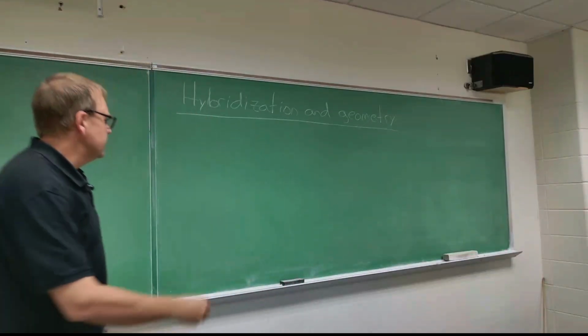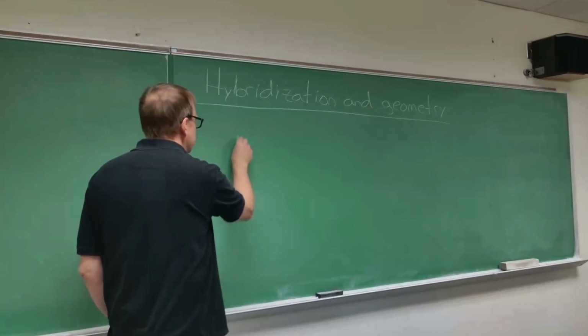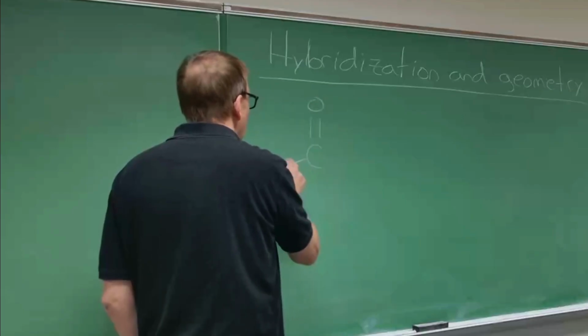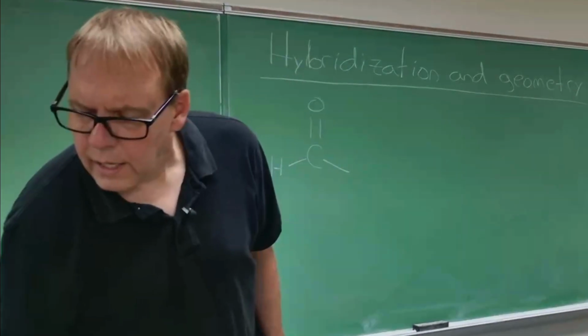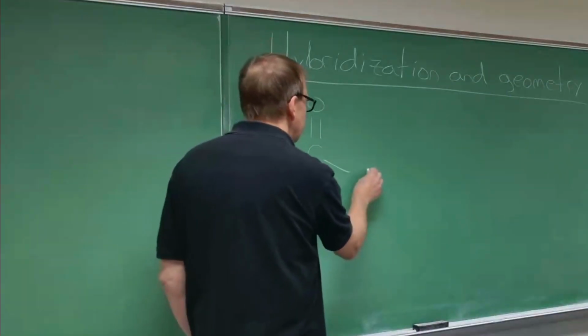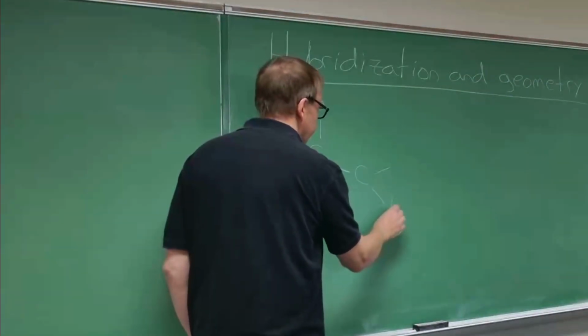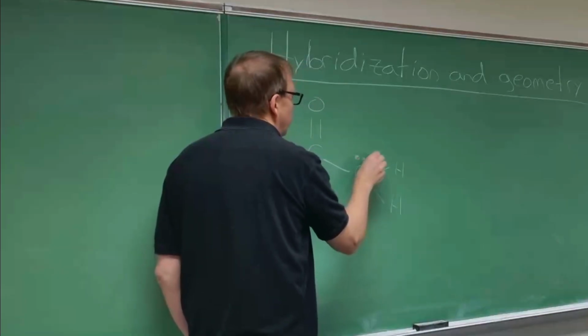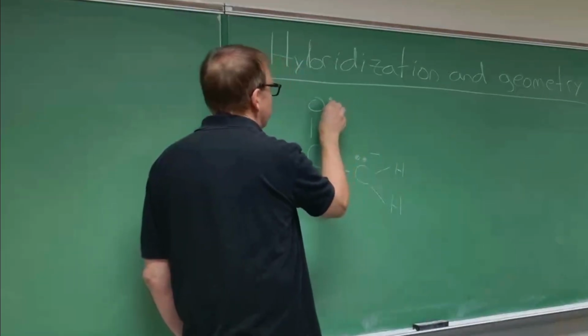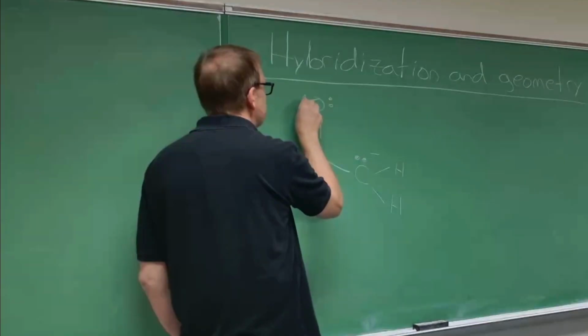So I'll start off with an example here. My example is going to be C double bond O with an H. And then I'm going to show a carbon with two H's, a lone pair on carbon and a formal minus charge. And then oxygen has two lone pairs.